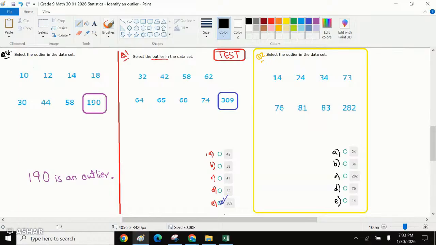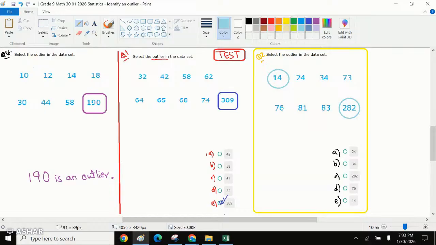To make our lives easier, we know that the outlier has to be the extreme value. 73 is not the extreme because it has a number before it and a number after it. Similarly, 81 cannot be extreme. So we only have two possibilities for the extreme values. The first one is 14 and the other extreme value is 282.